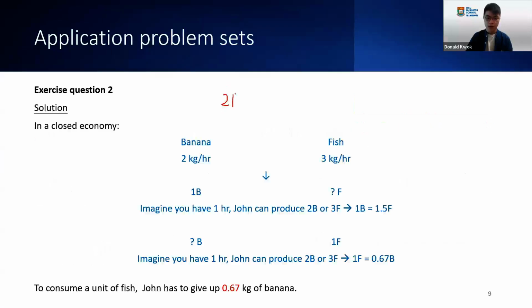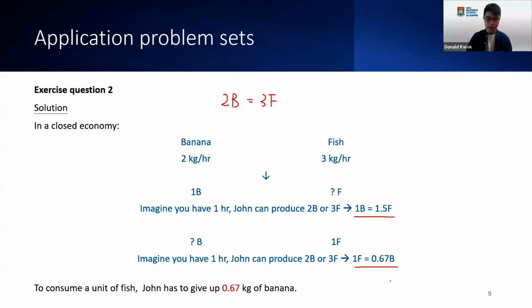So this is how we can construct the opportunity cost relationship, 2B equals 3F. Okay? And if you divide both sides of this relationship by 2, then we'll have 1B equals 1.5F. Or if you divide both sides by 3, then you have 1F equals 0.67B.